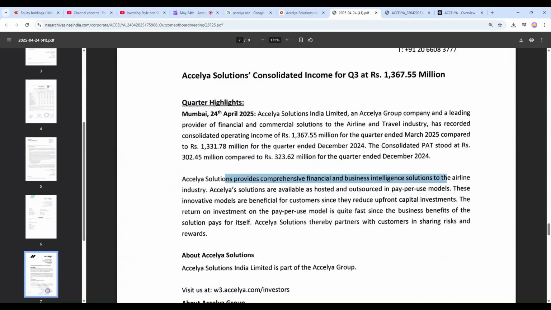Financial and business intelligence solutions to airlines, hosted on an outsource and pay per use model. These innovative models are beneficial for customers since they reduce upfront capital investment. The return on investment on pay per use model is quite fast since the business benefits of the solution pays for itself.